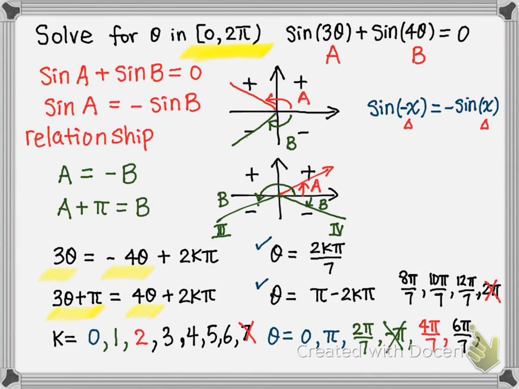You don't need to plug in 8, 9, and so on. You stop. So this gives us 1, 2, 3, 4, 5, 6, 7, 8 solutions, 8 solutions actually, because the second equation only gives us 1 solution that is inside the range.